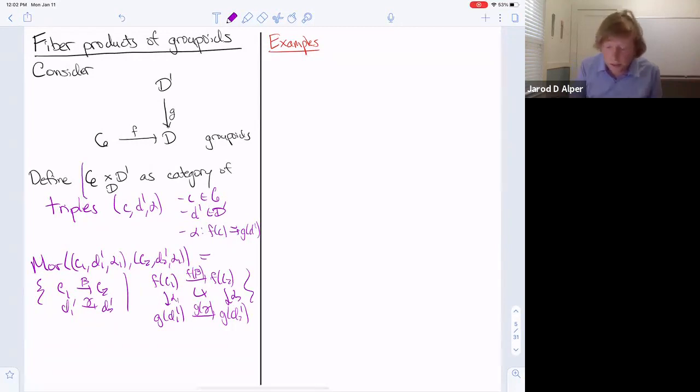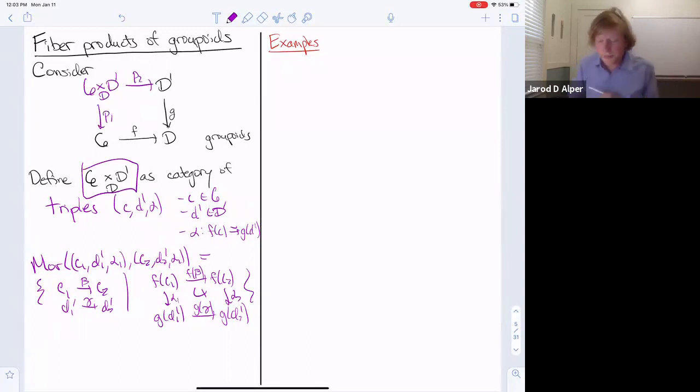So this constructs a category here, and it fits in this diagram as follows. You have C cross D, D prime, and you have projection morphisms, P2 to P1, which are clearly definable at least.